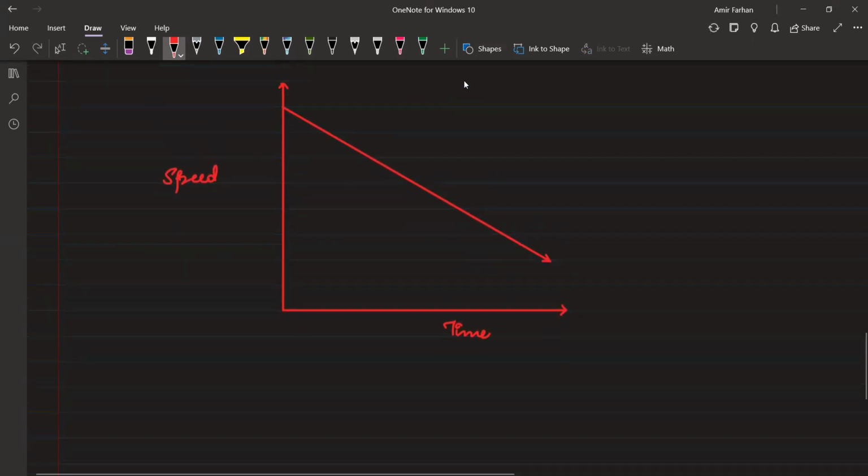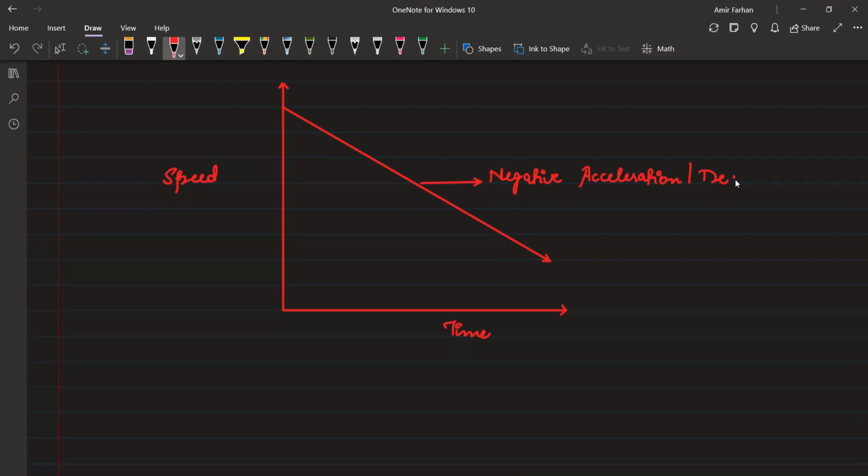This is called negative acceleration or deceleration.